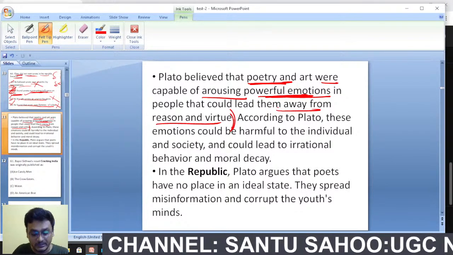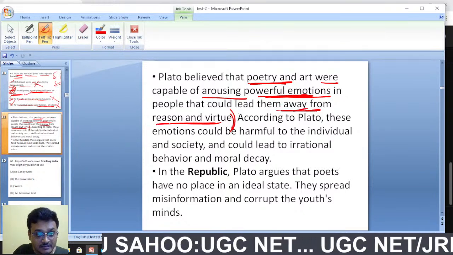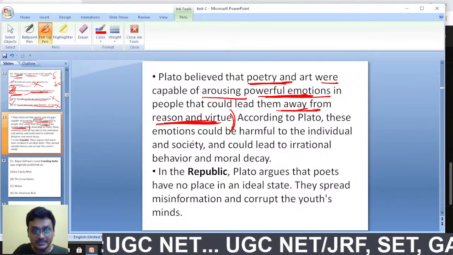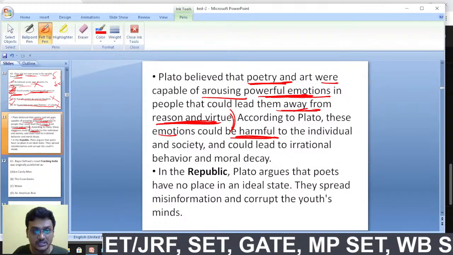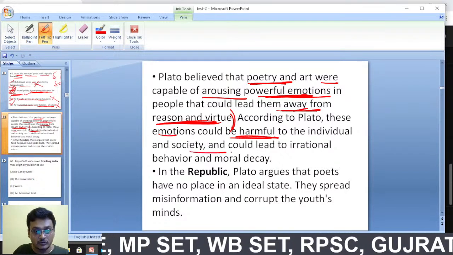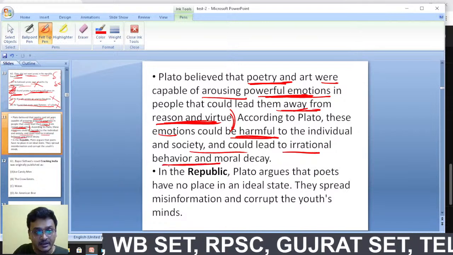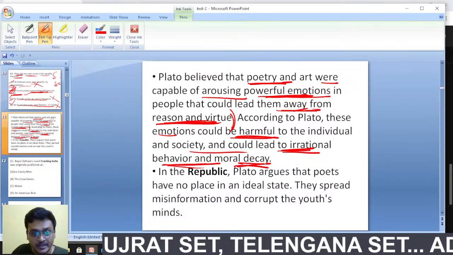According to Plato, these powerful emotions are harmful to the individual and society, and could lead to irrational behavior and moral decay.